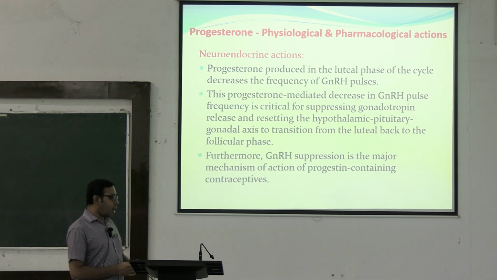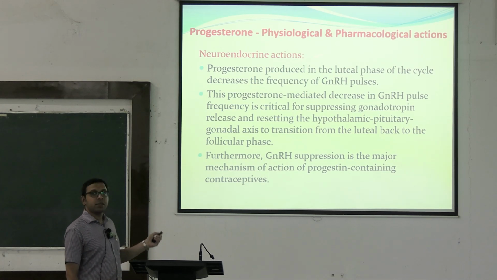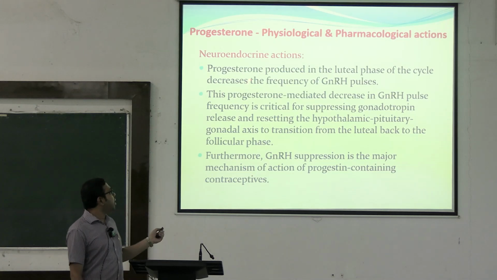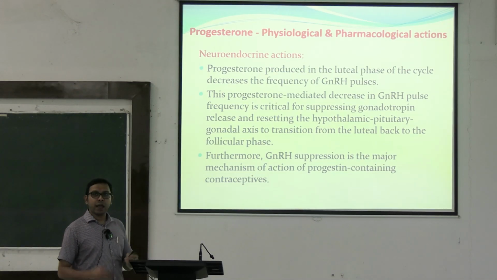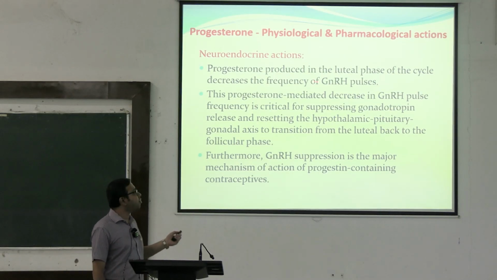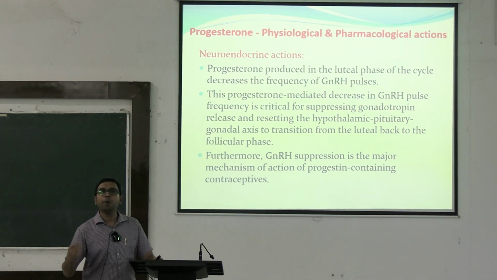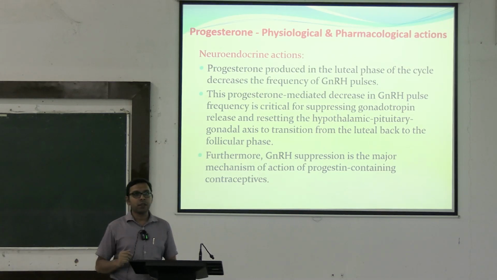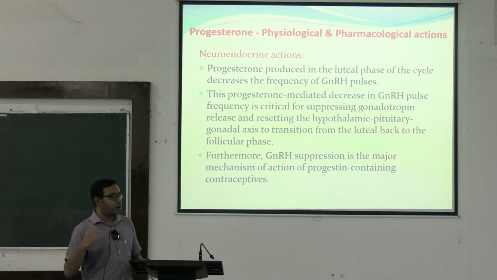So what are the physiological and pharmacological actions? First are the neuroendocrine actions of the progestins. They are produced in the luteal phase of the cycle, as we have already seen. So when they are released, they decrease the frequency of gonadotropin-releasing hormone pulses, because they give a negative feedback effect on the hypothalamus. So GnRH pulses are decreased.